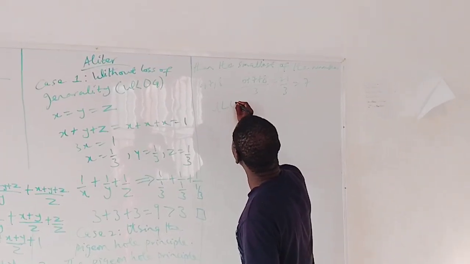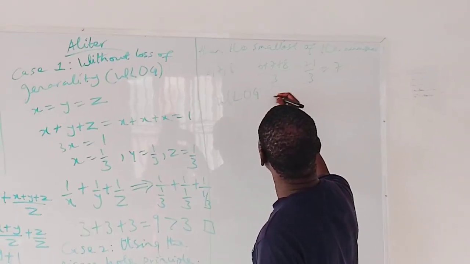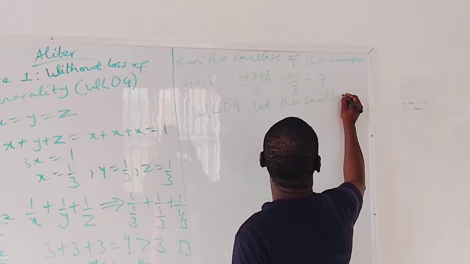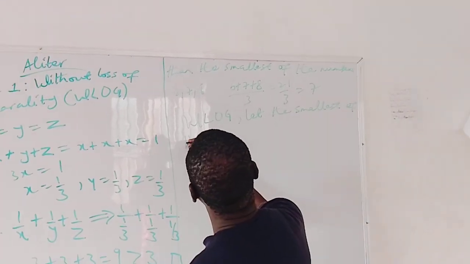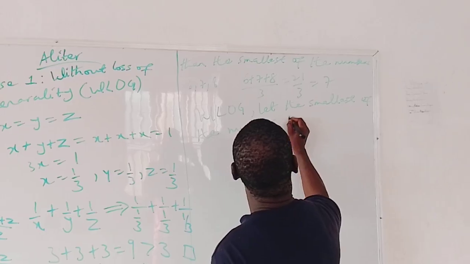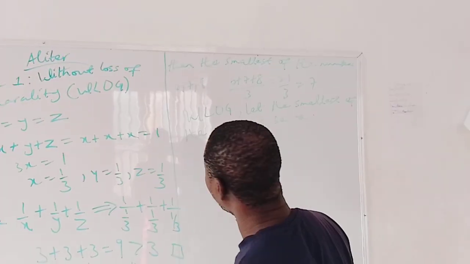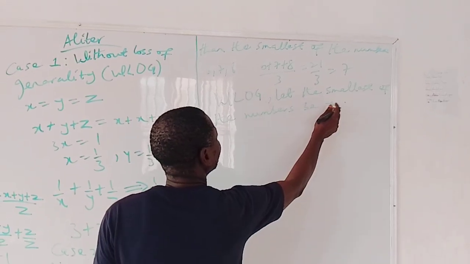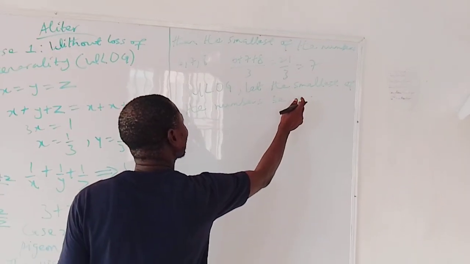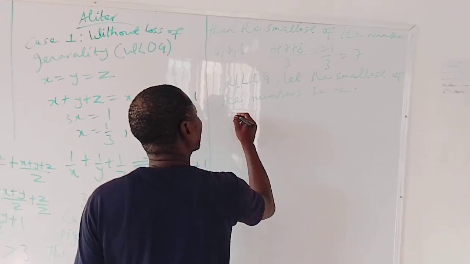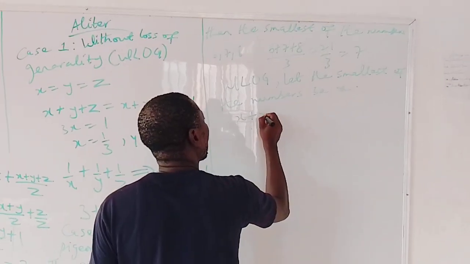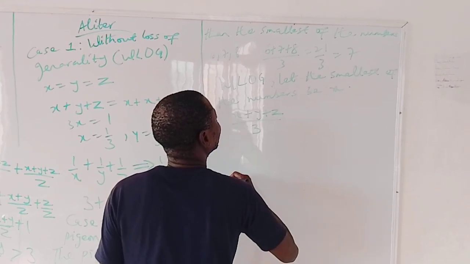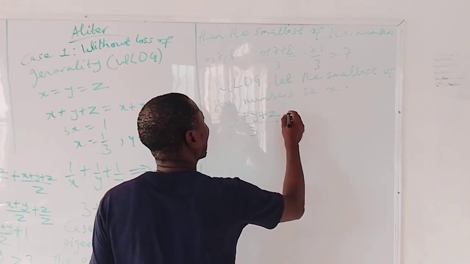Then without loss of generality again, we can say let the smallest of the numbers be x. So if the smallest of the numbers is x, I can say that the mean is greater than the smallest of the numbers. So the mean of x, y, and z is x plus y plus z over 3. Then we want to check that it is greater than the smallest one.